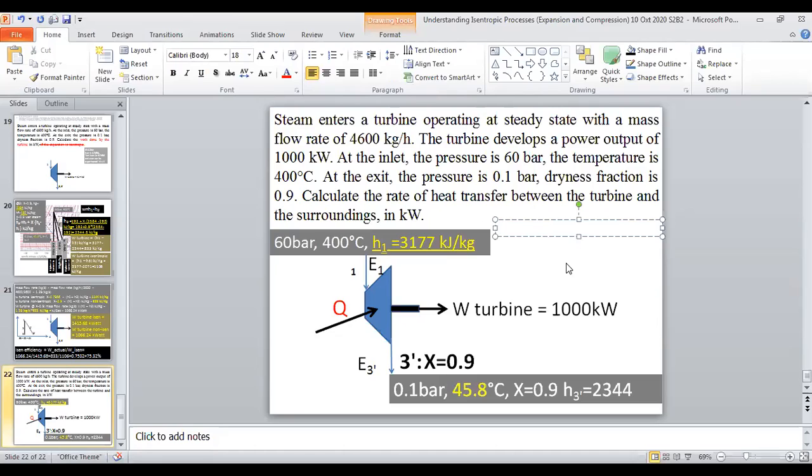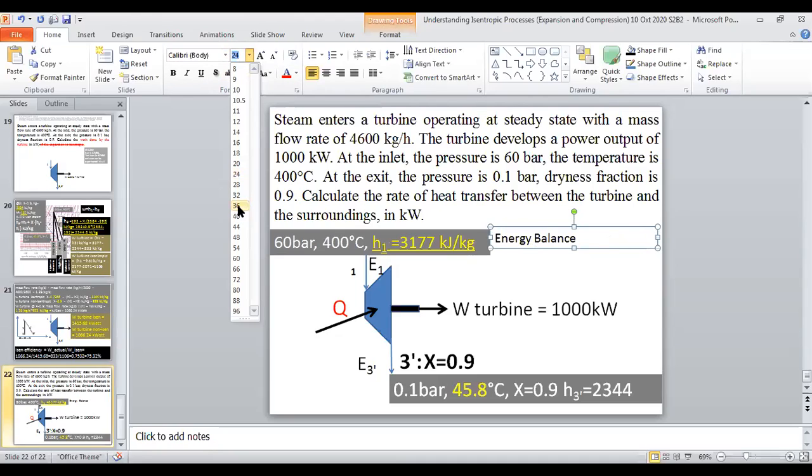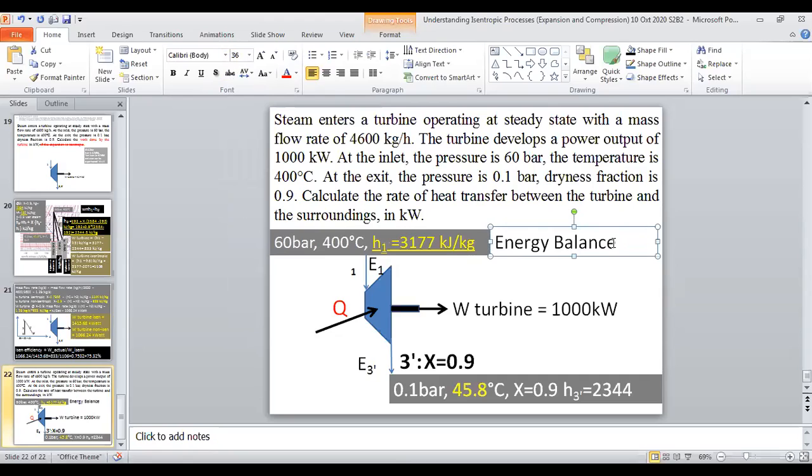Whatever the energy here, there is a balance because of the first law of thermodynamics, there is an energy balance. We call it the conservation of energy principle or first law. Later we will see, don't worry. Before learning the first law, we are going for energy balance.